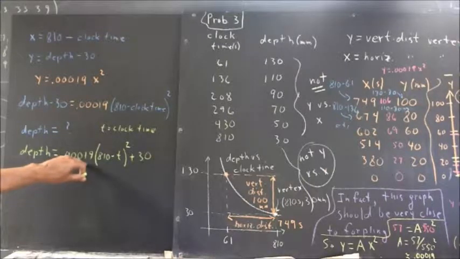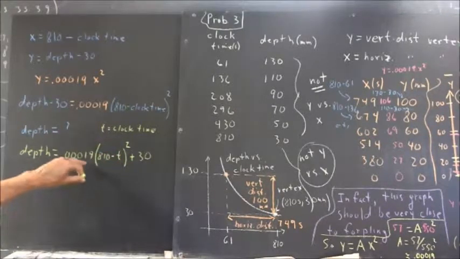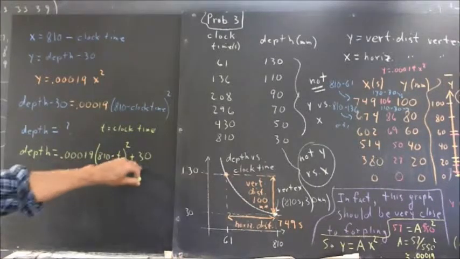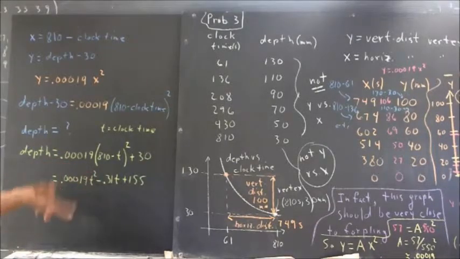And then I got to multiply that by 0.00019. That's going to come out a little over 1,000. So yeah, let's see how it comes out. A little over 100, I guess. So I'm going to have to do some messy stuff here, so I'll do it off camera so you don't have to watch. Now here's what we get.